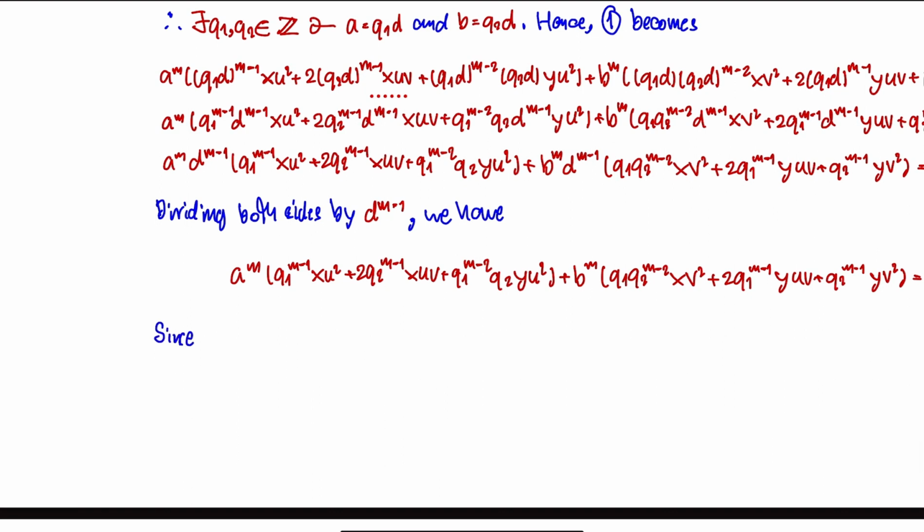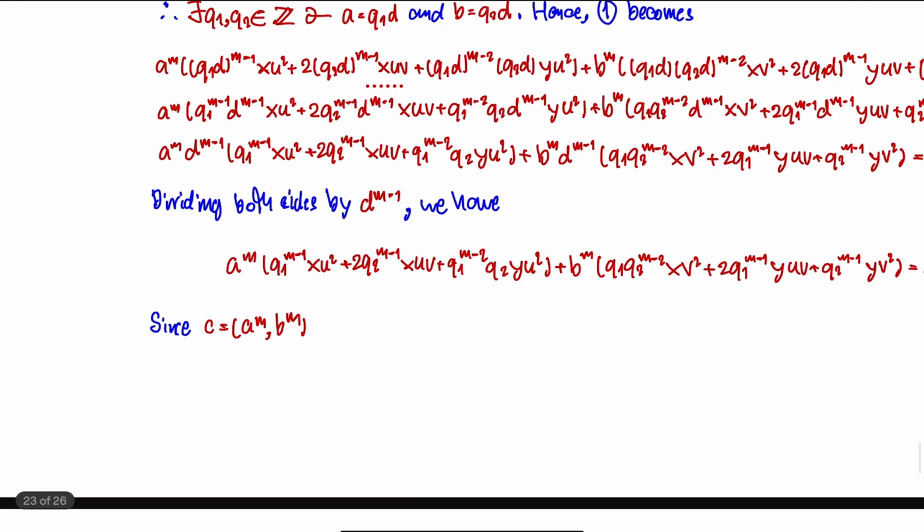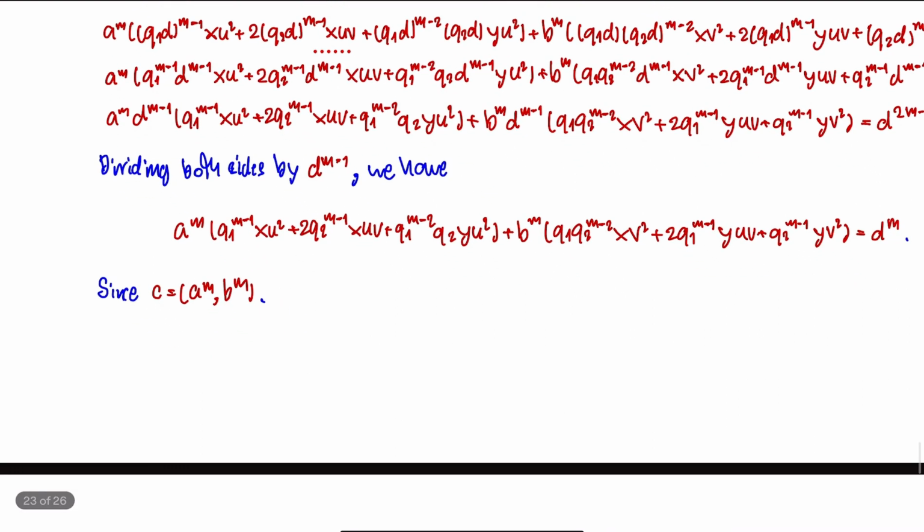Since c is this greatest common divisor, that means that c divides a to the m and c divides b to the m.